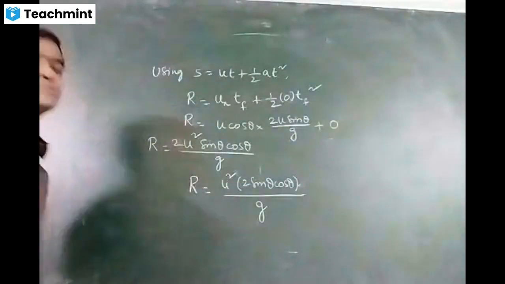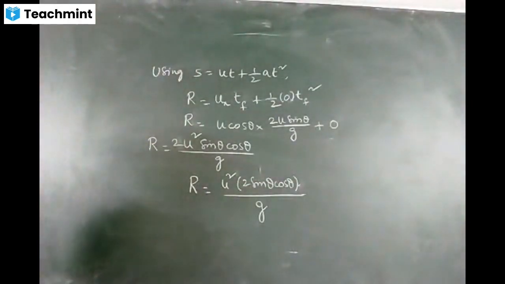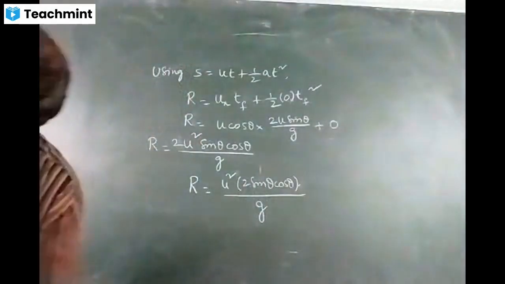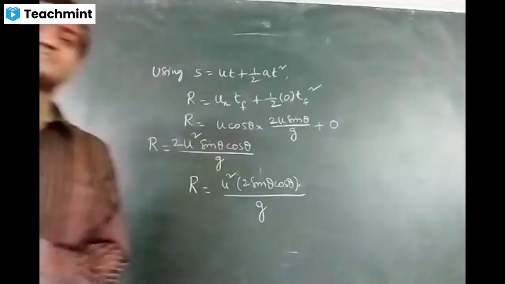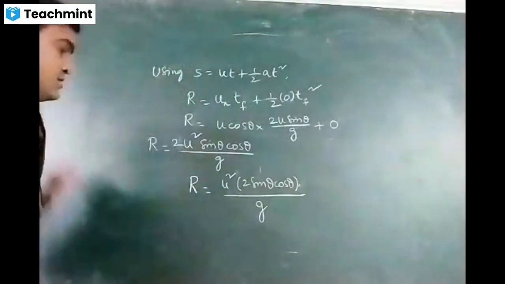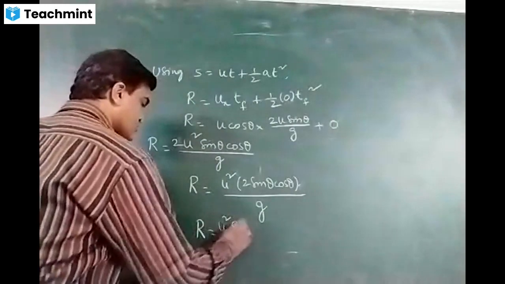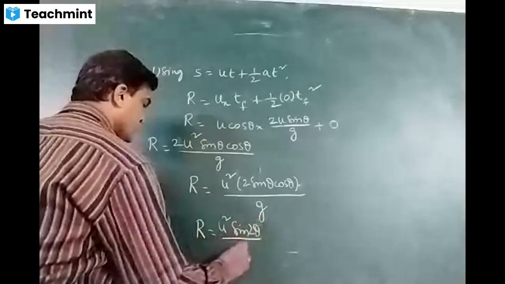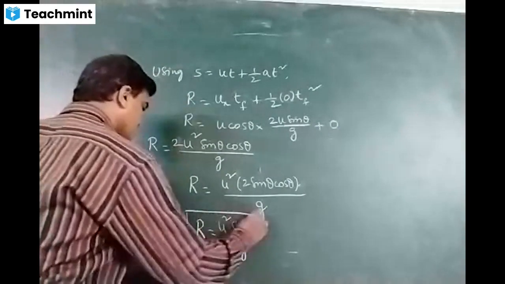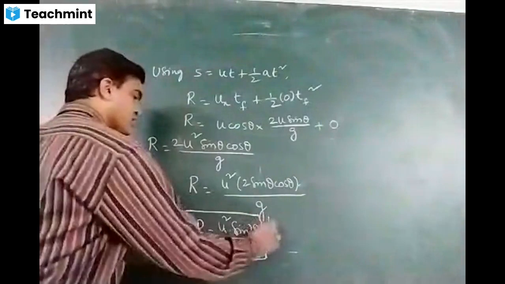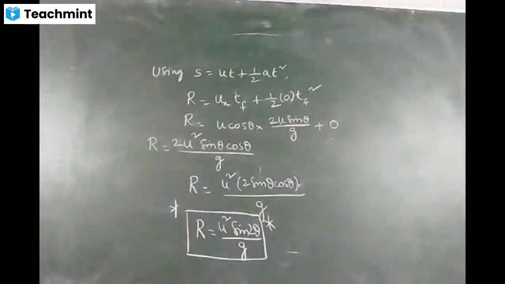What is the formula for 2 sin theta cos theta? Sin 2 theta. So R is equal to u square sin 2 theta upon g. U square sin 2 theta upon g. Very important relation.